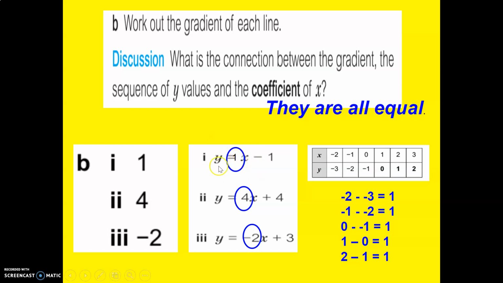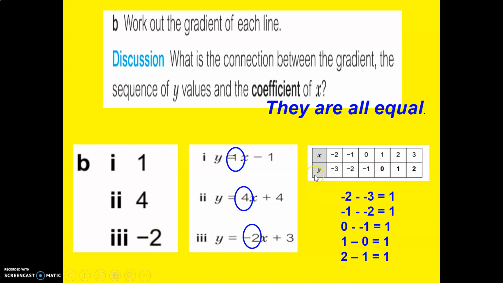Therefore, our gradient is 1. For the equation y equals 4x plus 4, the coefficient of x is 4. Therefore, the gradient of this line is 4. For equation y equals -2x plus 3, the coefficient of x is -2. Therefore, our gradient is -2.